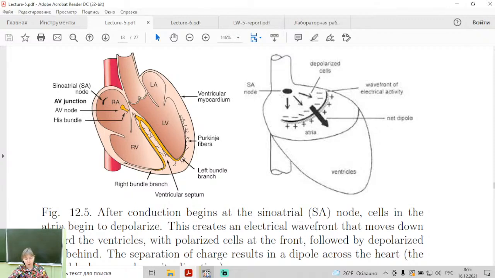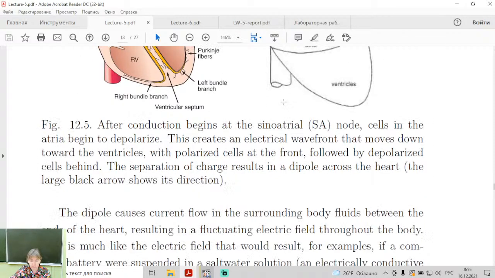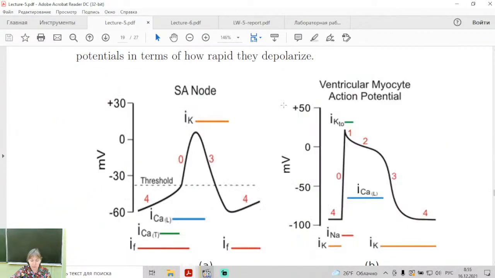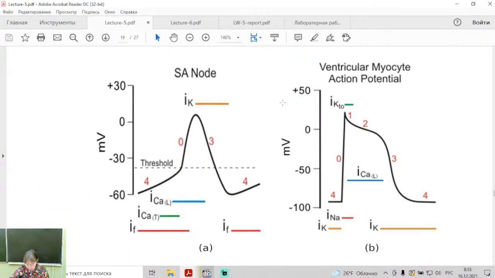Phase 0 is the depolarization phase of the action potential.